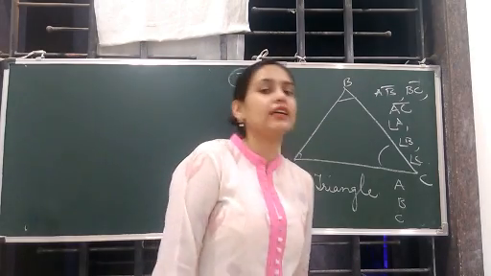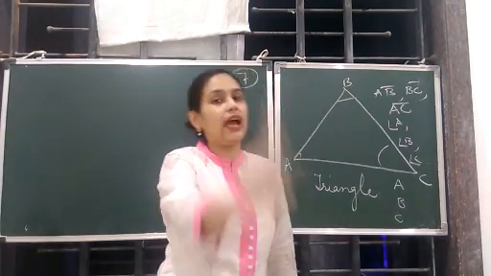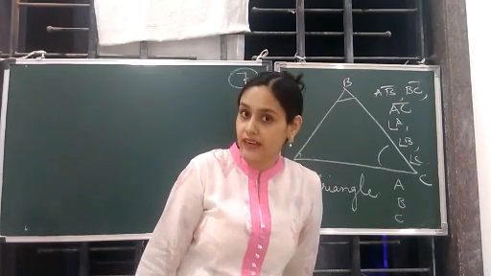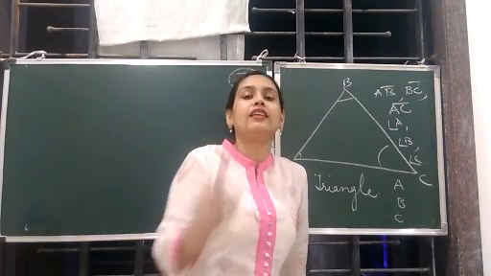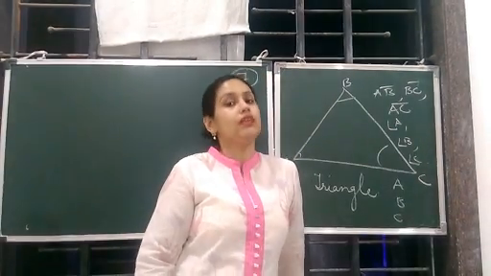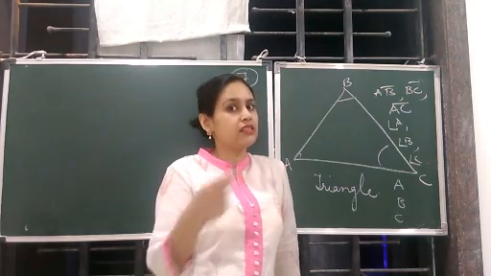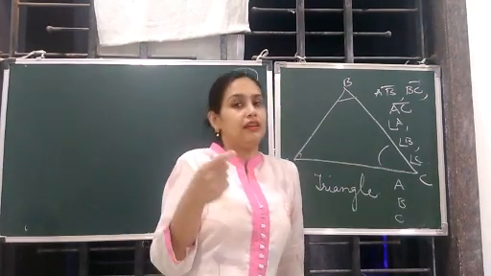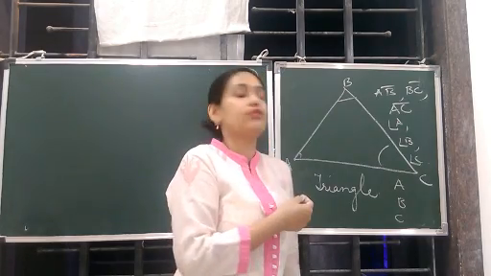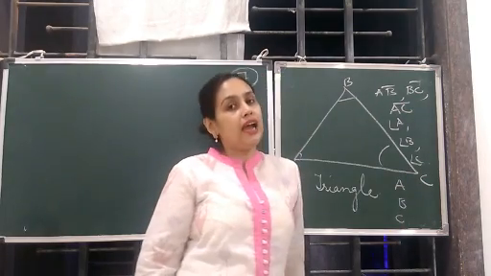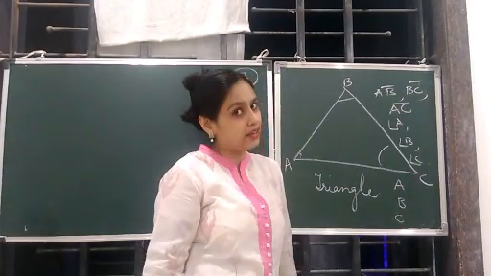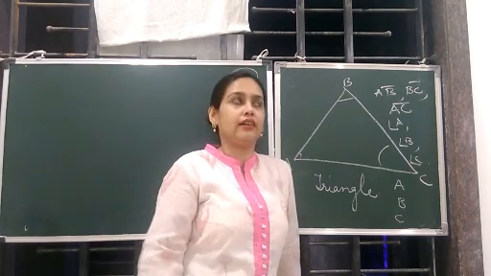Obtuse angled triangle, when any one angle is greater than 90 degrees. Right angled triangle, when any one angle is equal to 90 degrees. These are the 6 different types of triangles which we can study on the basis of the sides and on the basis of the angles of a triangle.